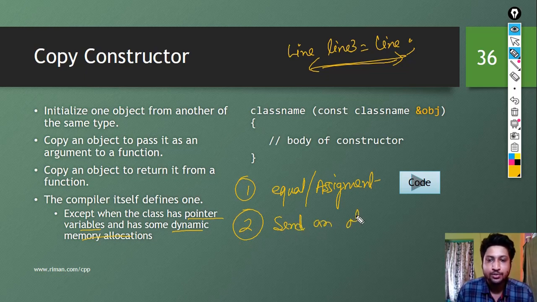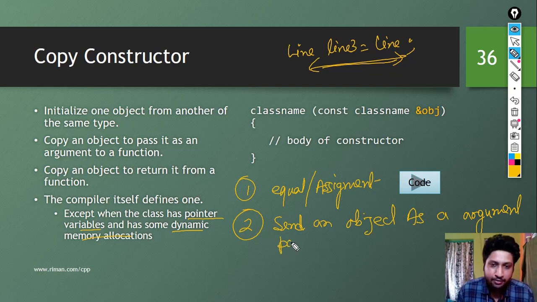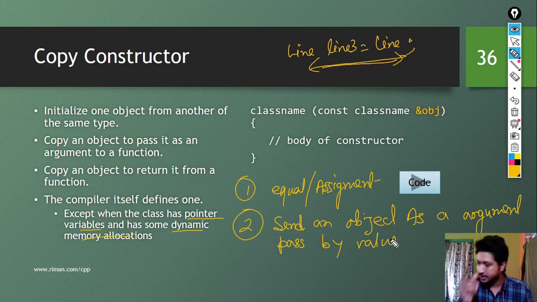Pass by value. That means the examples we were using in the previous class, when the objects are sent as pass by value. If we don't have this particular statement, this becomes pass by value.